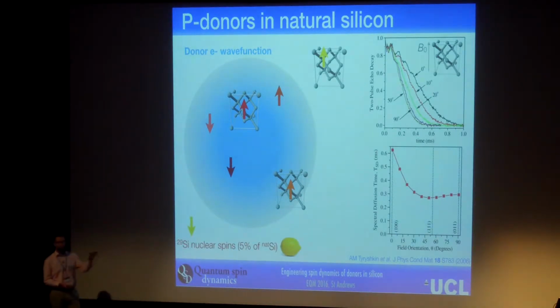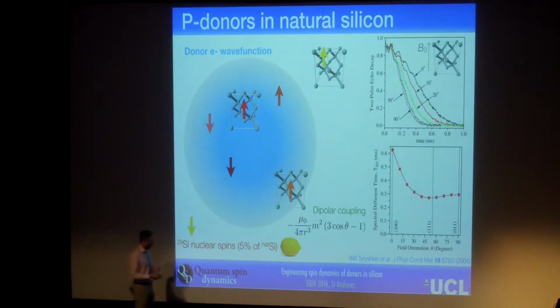All of the other isotopes of silicon are spin 0, and these are the lemons in our picture. They're what's causing decoherence. So I've dropped a few of these down in the region of the donor wave function, and what we need is some dynamics to drive decoherence, and that's going to be given by the dipole coupling between these nuclear spins.